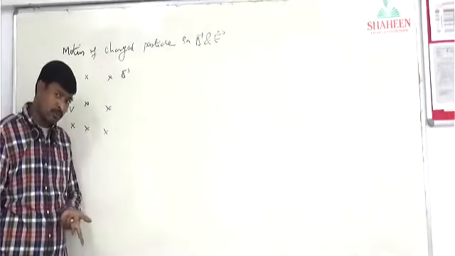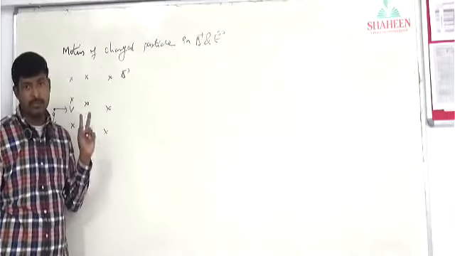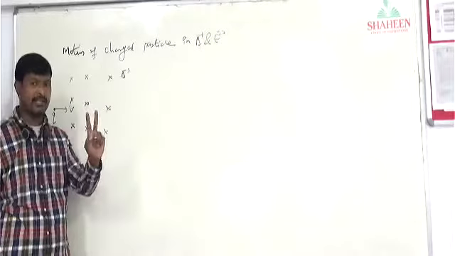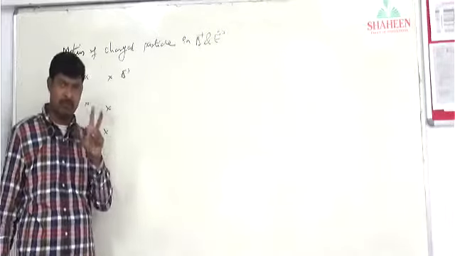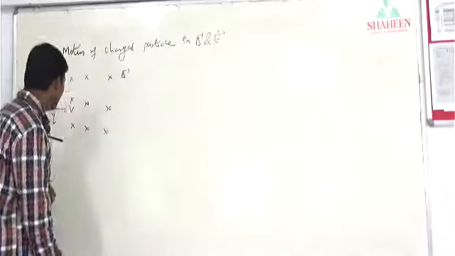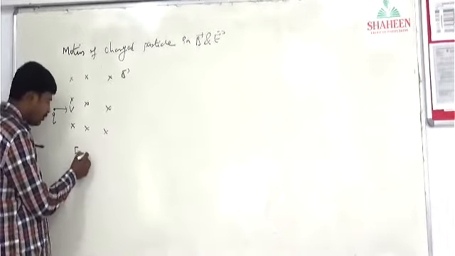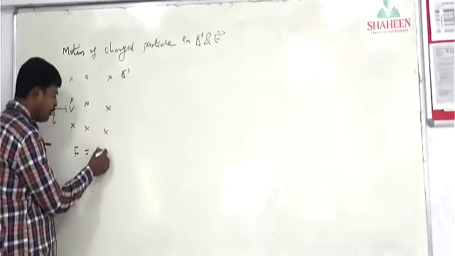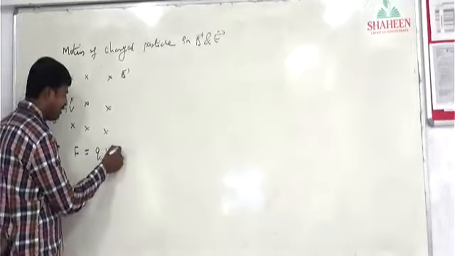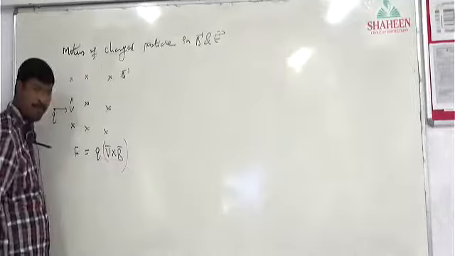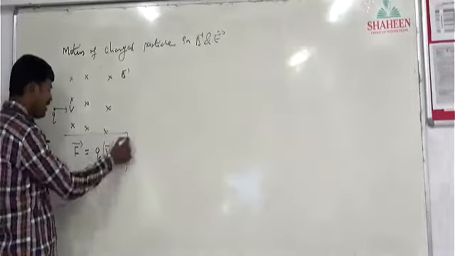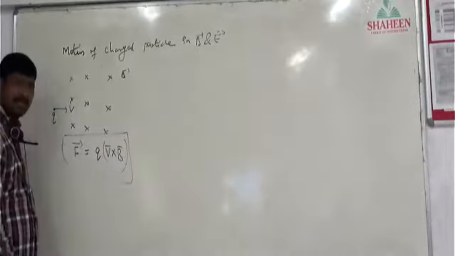How much force, and in which direction? That is, the magnitude and direction of the force. The magnitude of force is F equals Q into v cross B, that is, v bar cross B bar. This is the equation of force on a moving charged particle in a magnetic field.